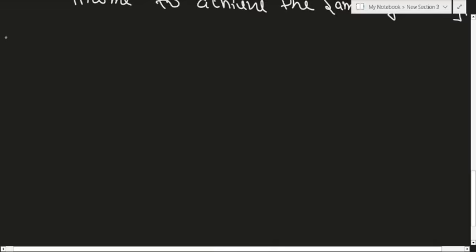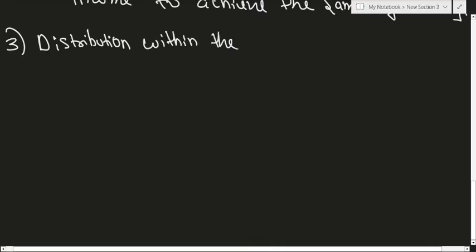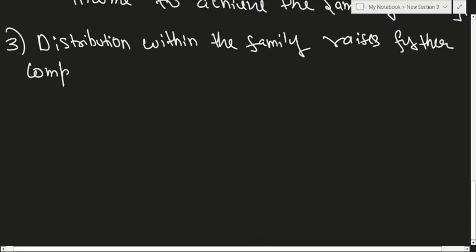Okay, now third point, distribution within the family raises further complications with the income approach to poverty.